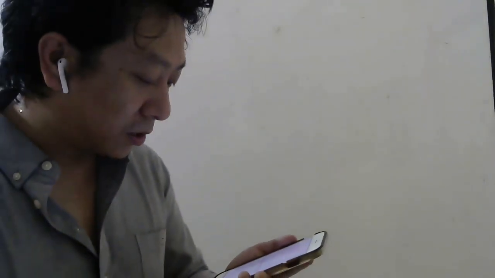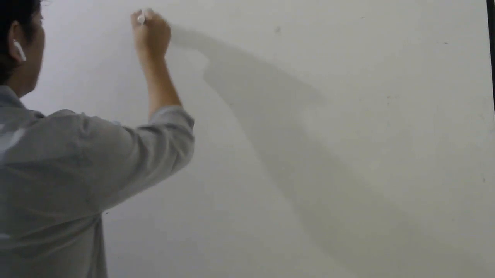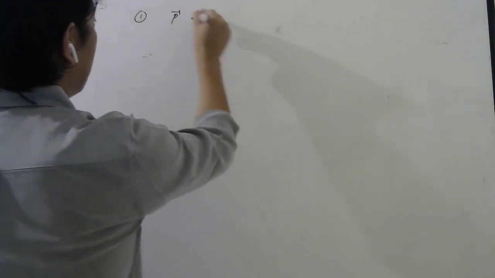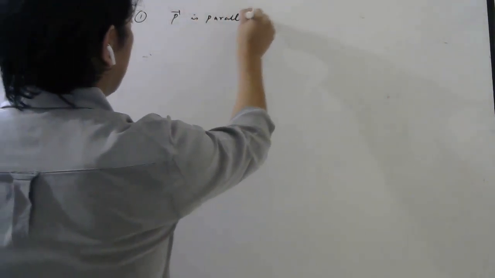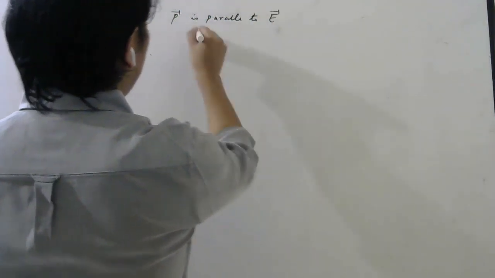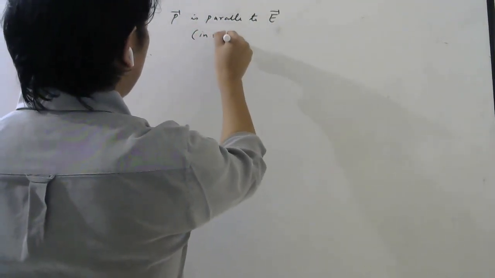Next question, you see. What is the potential energy of the dipole when it is aligned parallel to the direction of the electric field? What is the torque at this position? Torque also they are asking. Question number 1 you understood, no? When P bar is parallel to E bar. Here parallel means in the same direction, okay, not opposite.